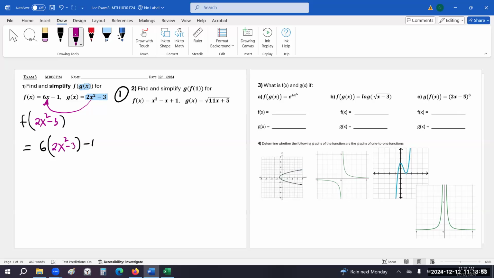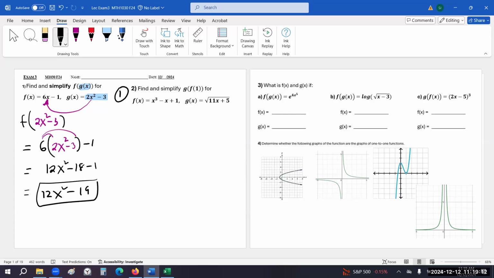So you just replace, but you're not done because you have to simplify. So to simplify, all you have to do is distribute the 6. 12x squared minus 18 minus 1, and you are done.